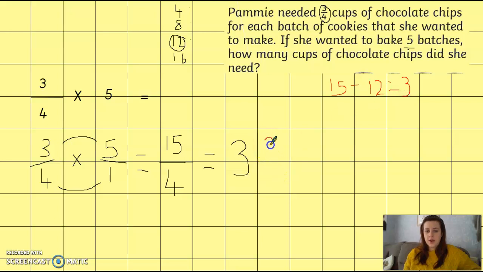So I know that 3 is going to be the top of my fraction because I've got 3 wholes, which would get me to 12. My extra 3 go on top of my fraction like we did last time, and I'm working with quarters, so it would be 3 3/4. So we turn it into a mixed number, so simplify by turning it into a mixed number like we did with our addition and subtraction last week.